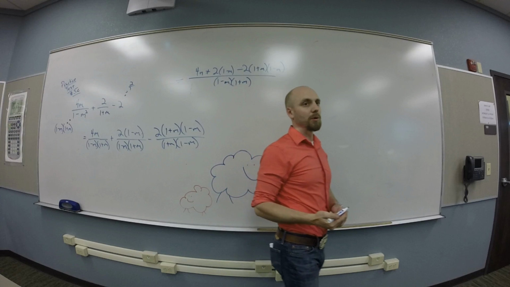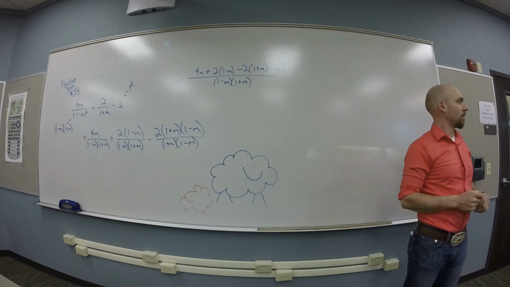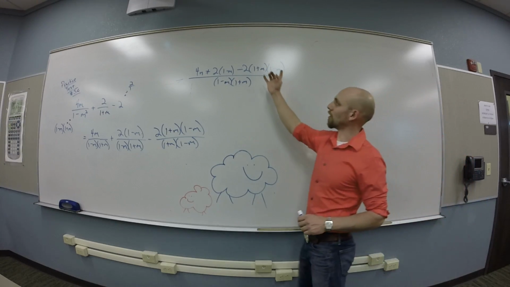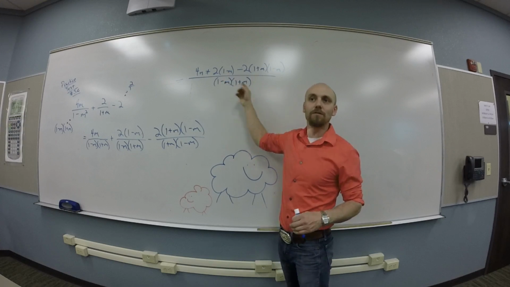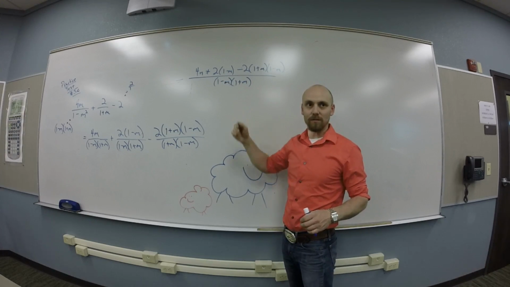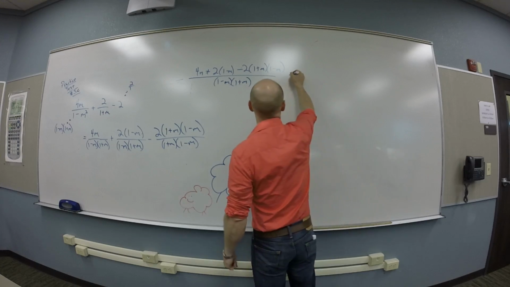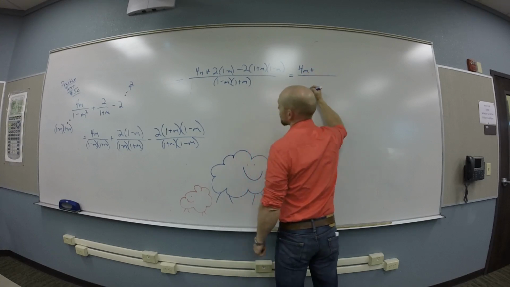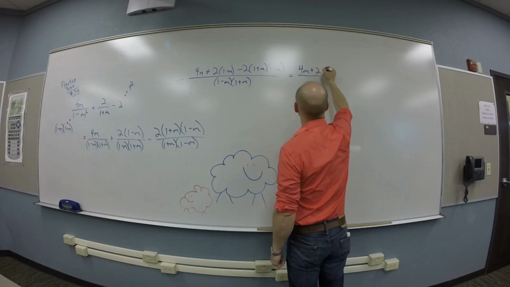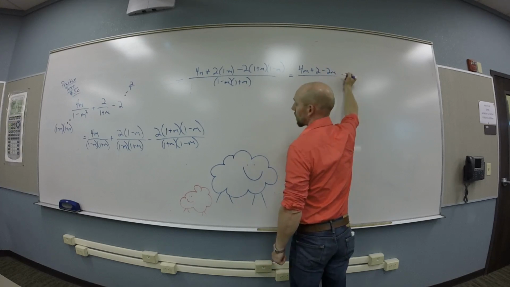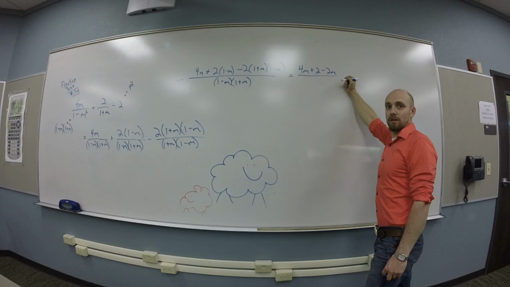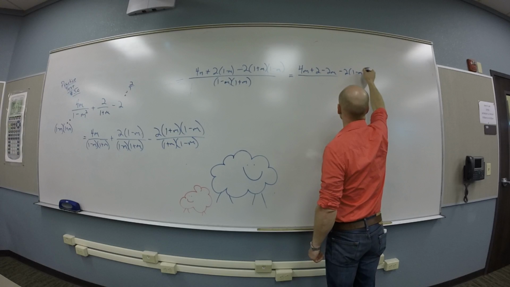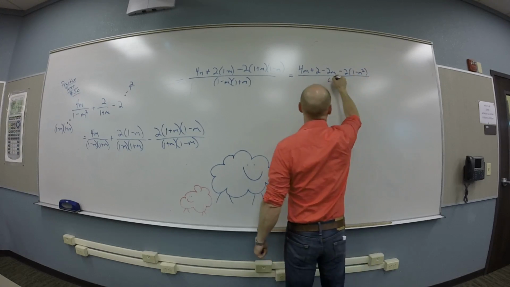Now what should I be doing? What's my goal? From there, you bust out the parentheses and distribute the 2. Yes, you want to distribute the top, combine like terms, and see if you can get anything to cancel at the bottom. So to combine like terms up there, I've got 4m plus 2 minus 2m, and then minus 2 times 1 minus m squared over the common bottom.